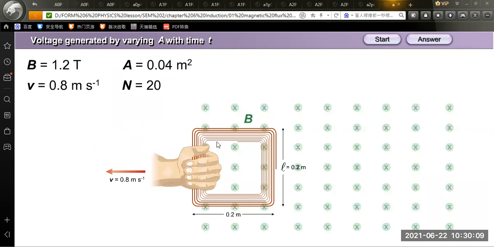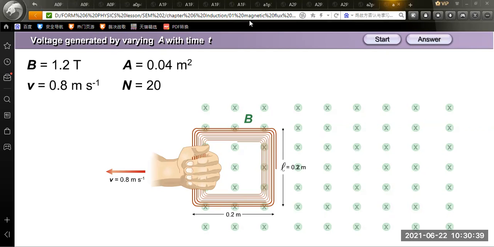When a series of coils or a solenoid, repeated coils with N equal to 20 turns, move in a uniform magnetic field, the magnetic field is going into the plane, into the paper. So let's observe what happened.